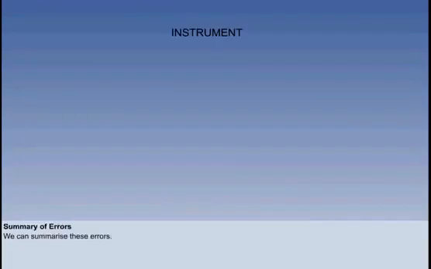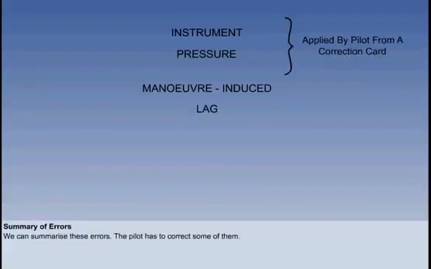We'll now summarize these errors. We have instrument error, pressure error, maneuver-induced error, and lag. The first two can be established by workshop measurement and flight trials, and a calibration card is placed beside the altimeter.